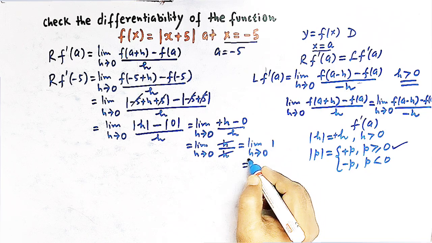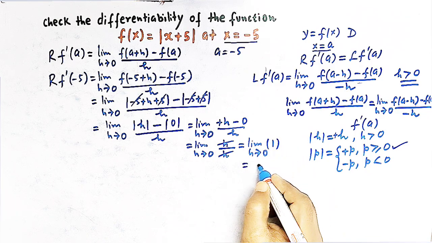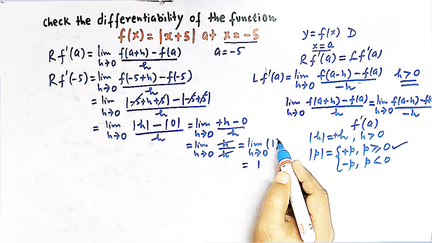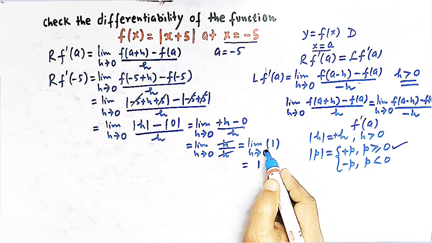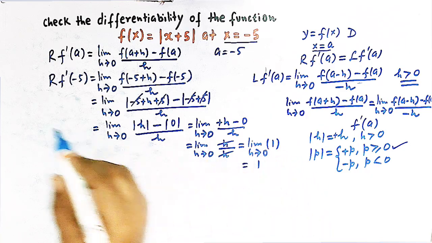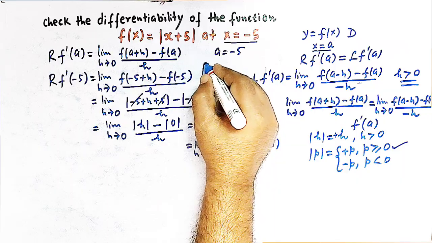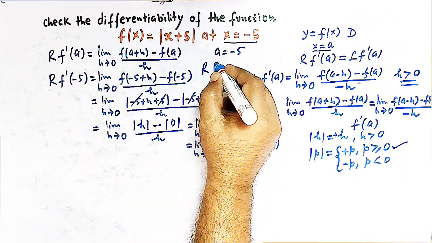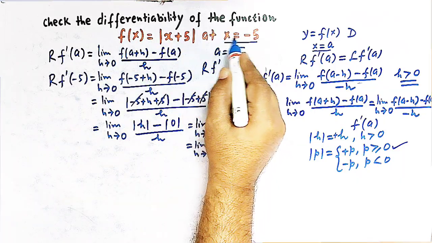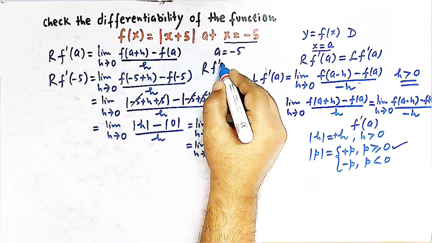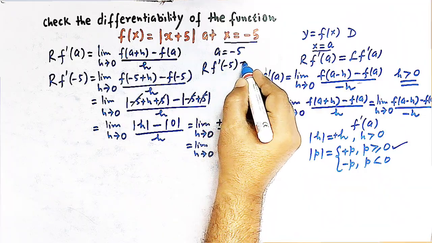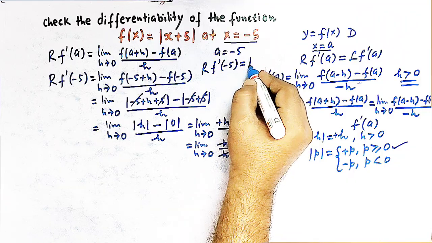So now limit h tends to 0, 1 is simply equal to 1 because this term is independent of h, right? So the right hand derivative of this function at x is equal to minus 5, or a is equal to minus 5, is equal to 1.